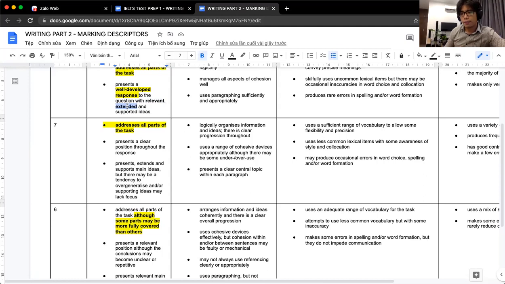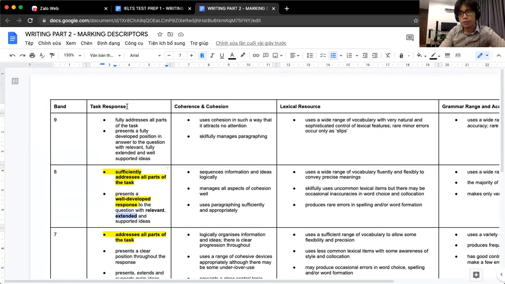For each body paragraph, you just need two or at most three ideas. That's it. The problem is when you have like 4 or 5 ideas in one body paragraph, you can't explain them in enough detail. And when that happens, you don't extend your ideas. We don't see your development, and you will not get a good score for task response.